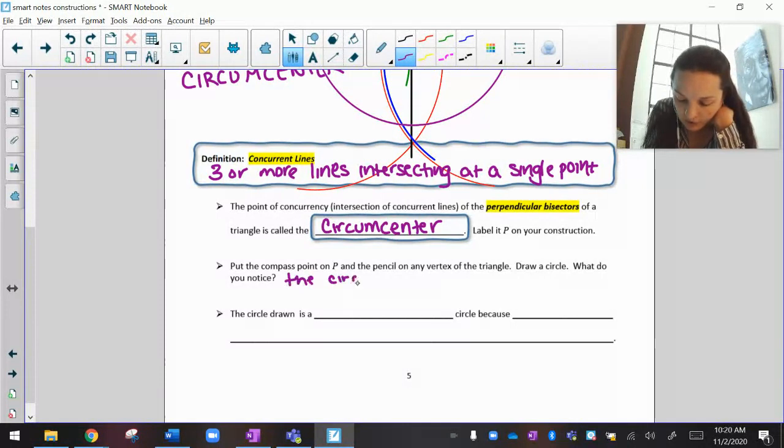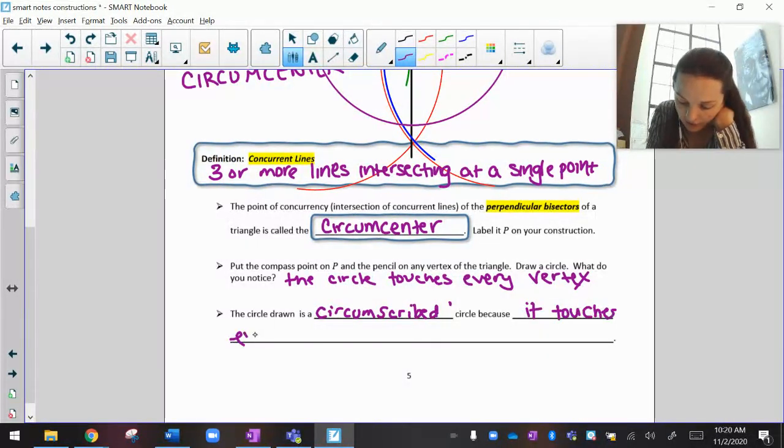The circle touches every vertex. And the circle drawn is called a circumscribed circle because it touches every vertex of the triangle.